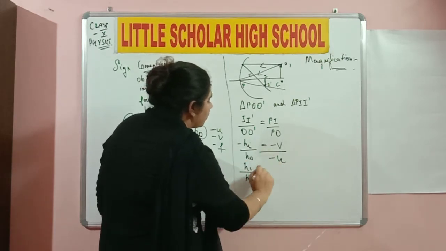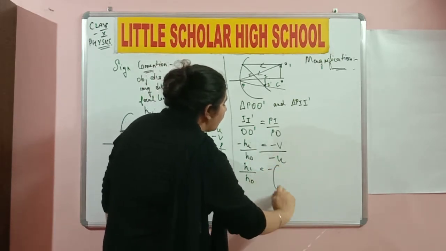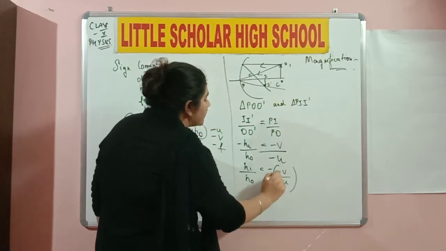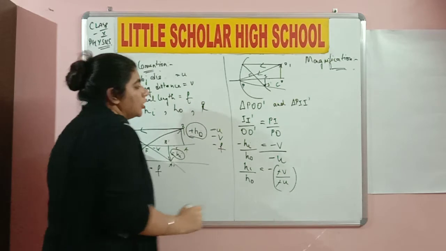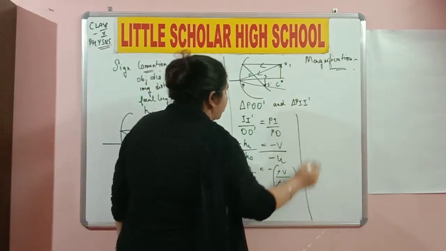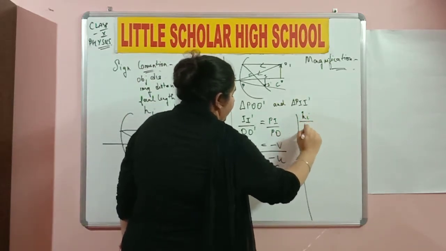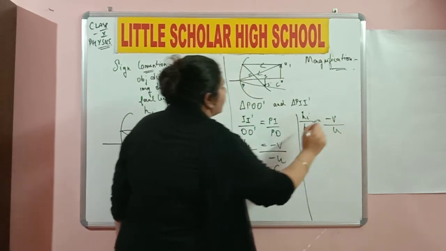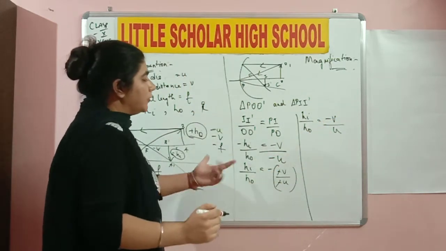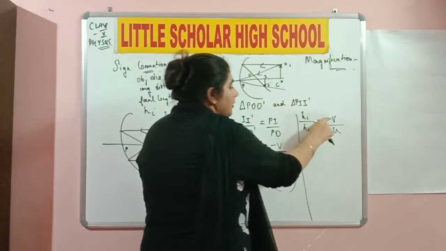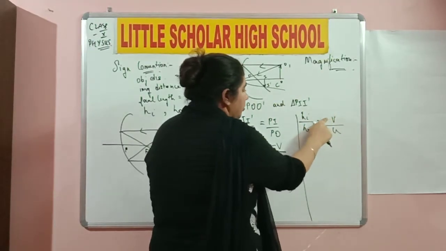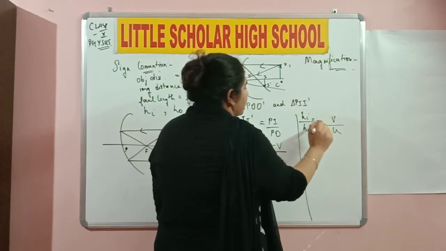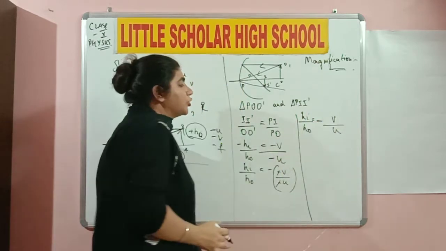HI by H naught. This minus can be transferred over here, and minus of minus V by minus U. Minus and minus will get cancelled. So what is the final equation you are going to get? HI by H naught is equal to minus V by U. Okay. So this is what we get. This minus is actually for the entire fraction over here.